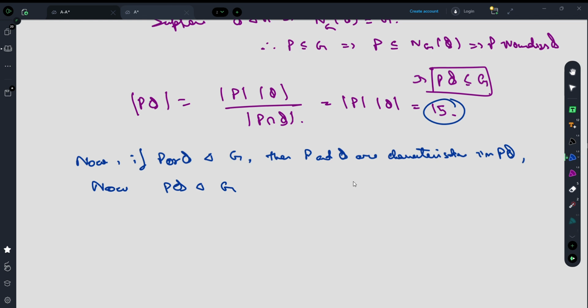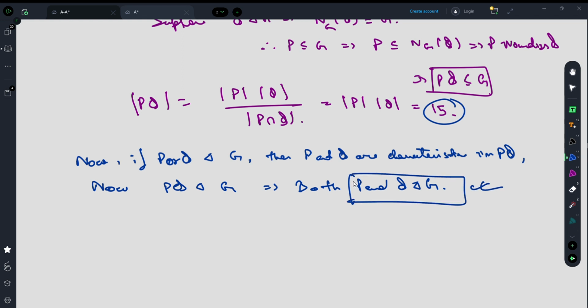So if PQ has order 15, then the index of the subgroup PQ in G is 2, and then PQ is normal in G. Now recall the property of characteristic subgroups we had spoken of: if H is characteristic in K and K is normal in G, then H is normal in G. So if P and Q are characteristic in PQ and PQ is normal in G, then that would imply both P and Q are normal in G. But if both P and Q are normal in G, then we have our proof, right? Basically, we have our proof right from here as well.